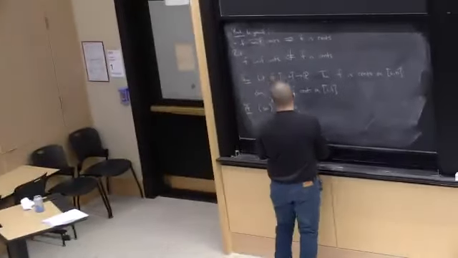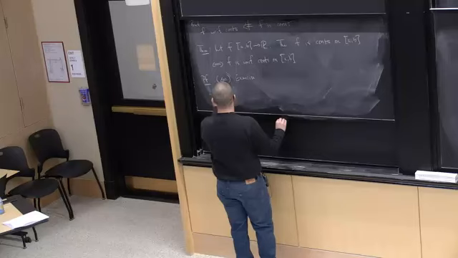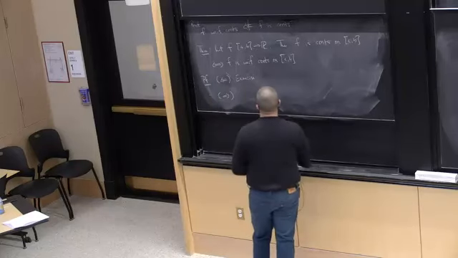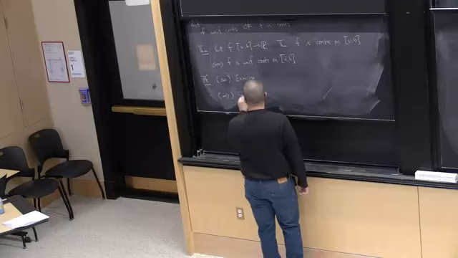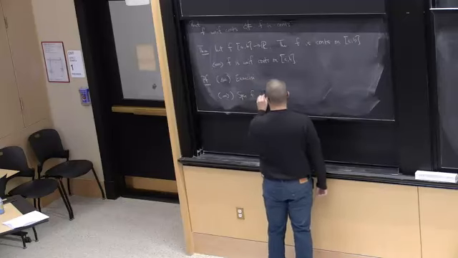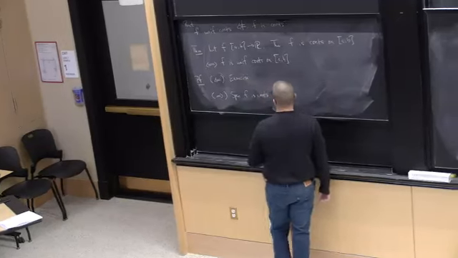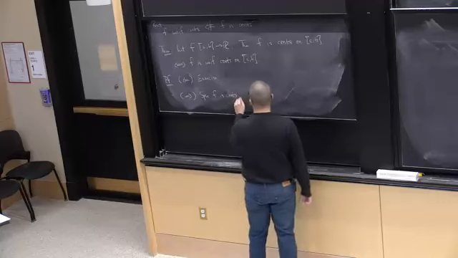All right, so we're going to prove f continuous implies uniformly continuous, and we're going to do this by contradiction. So suppose f is continuous on AB, but not uniformly continuous.